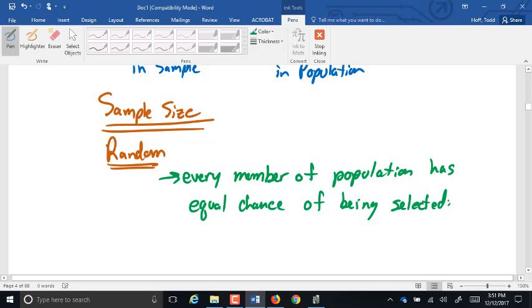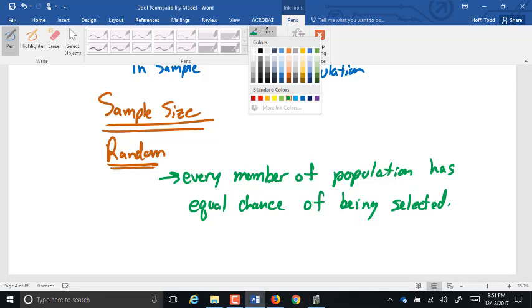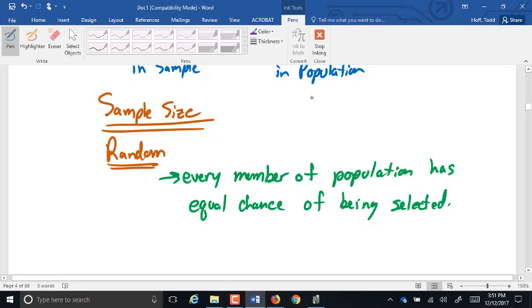So by going out in the hallway here, I'm not random either, because people from other campuses have no chance of being selected. In fact, people from Rice Lake that aren't on campus on Tuesday evenings don't have any chance of being selected. So it has to be a random sample.